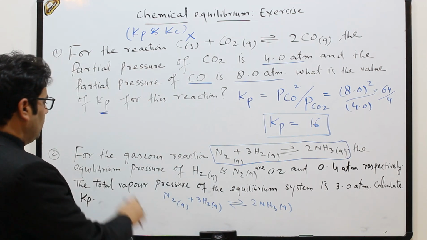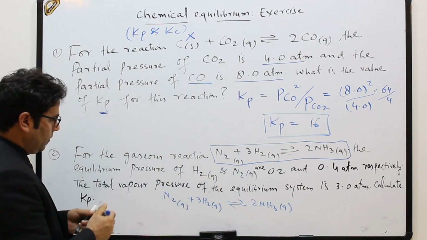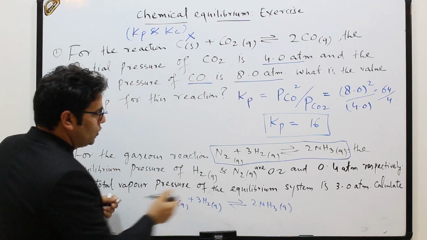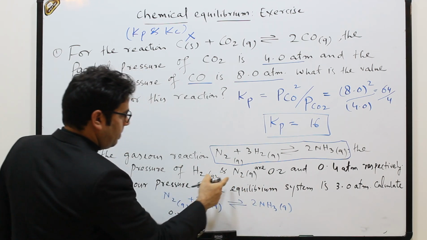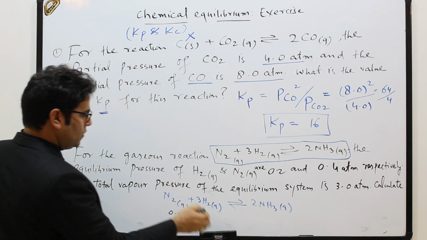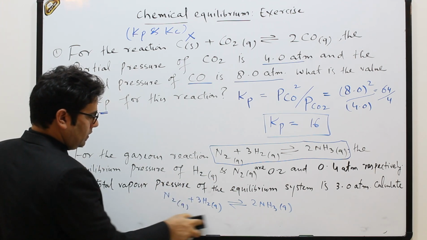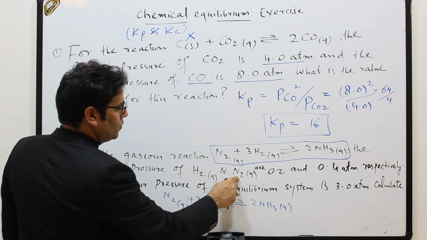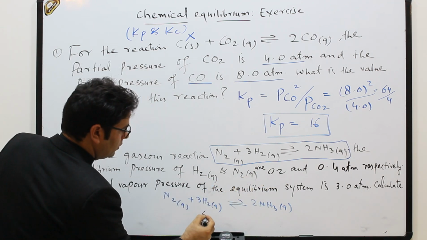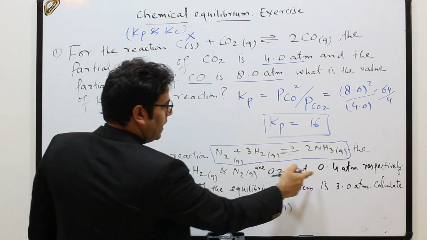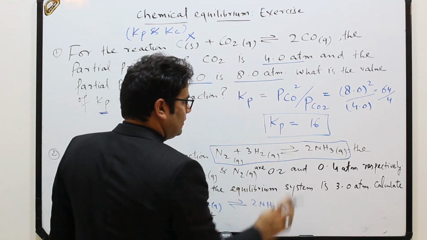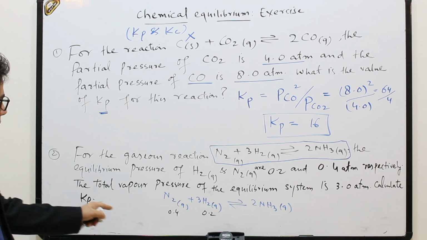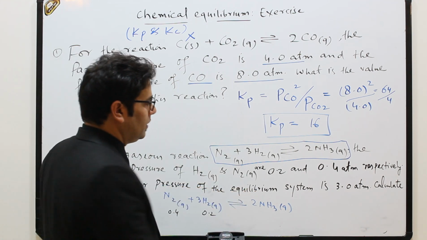We are given the equilibrium pressures of H2 and N2, respectively: H2 is 0.2 and N2 is 0.4. The total pressure of the equilibrium system is 3.0 atmosphere.